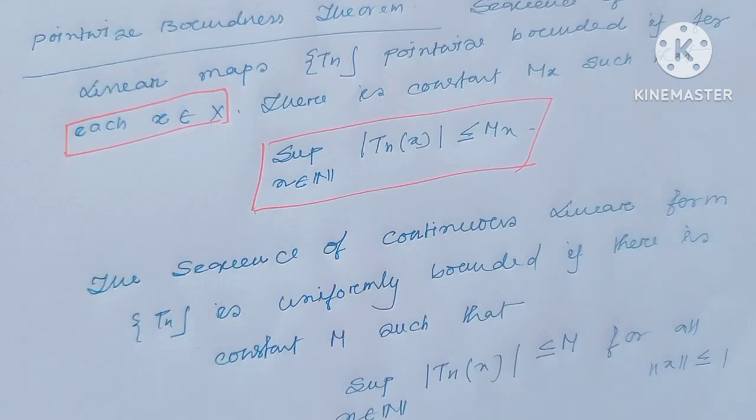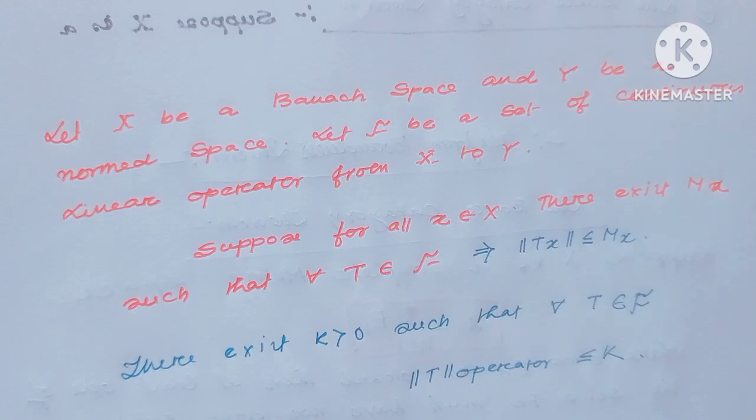And in normed spaces, the statement of the uniform boundedness theorem is: let X be a Banach space and Y be a normed space, and F be a set of continuous linear operators from X to Y. Suppose for all x belonging to X, there exists Mx such that for all continuous linear operators T belonging to F, norm of Tx is less than or equal to Mx.